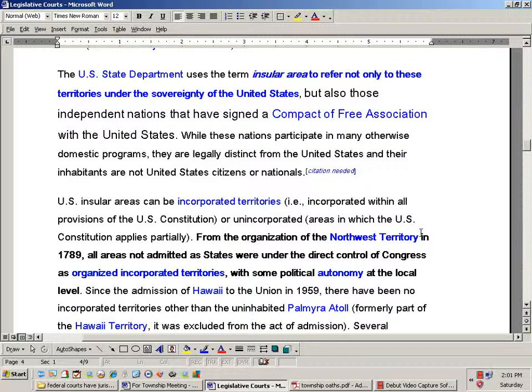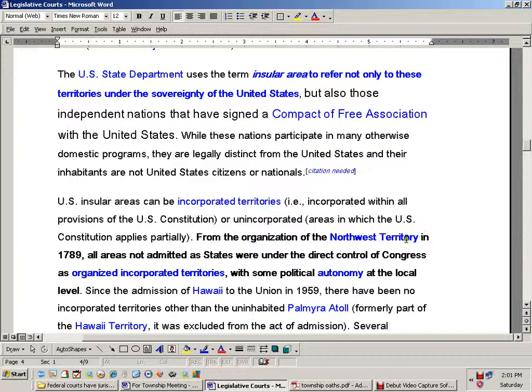U.S. insular areas can be incorporated territories or unincorporated areas in which the U.S. Constitution applies partially. Okay. From the organization of the Northwest Territory, all areas not admitted as states were under direct control of Congress as organized incorporated territories, with some political autonomy at the local level.